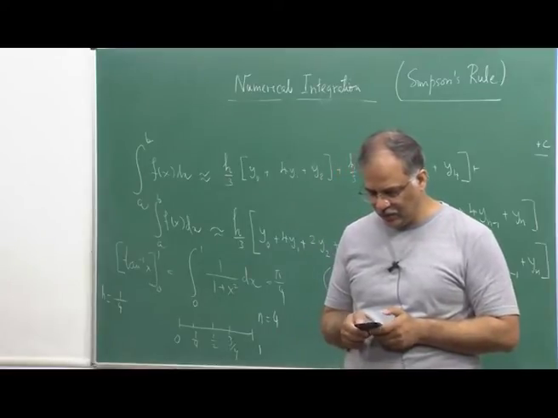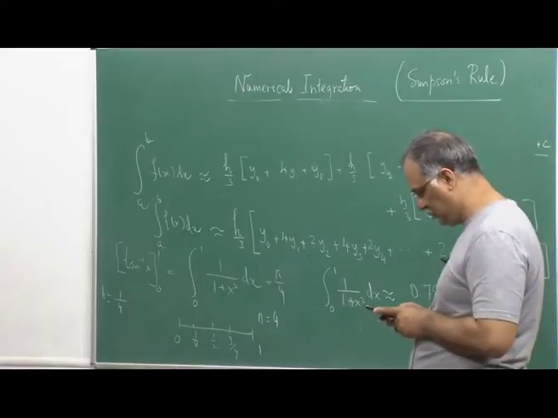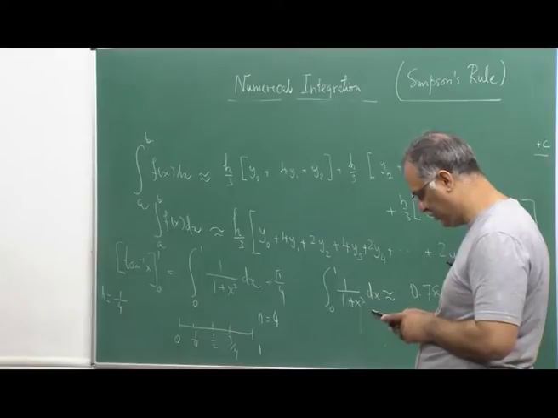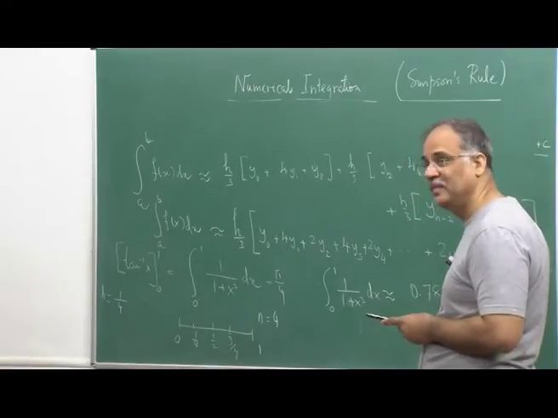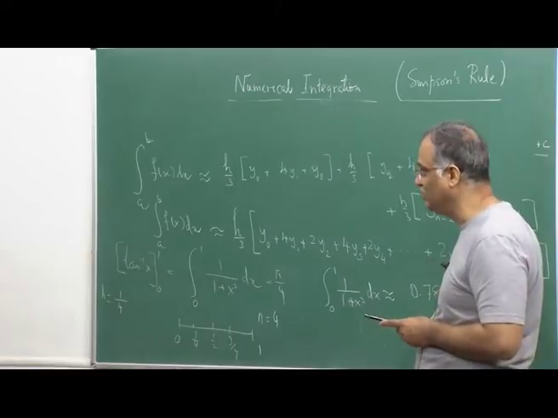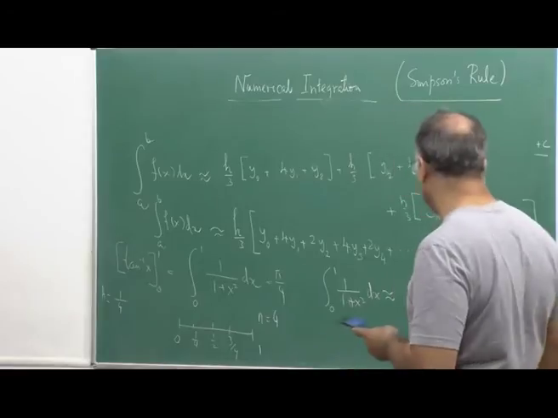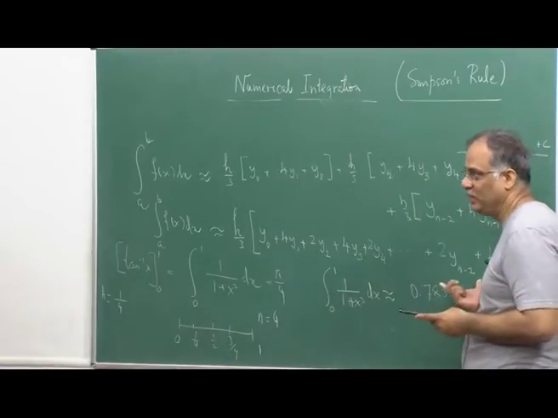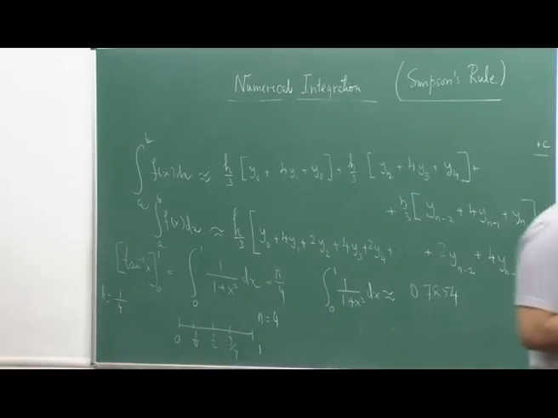So, here is the calculator. 3.14 divided by 4 comes out to be 0.785. So, it is an amazing match, you see. Roughly the match is quite amazing. So, you see Simpson's rule is doing a much better job for you. That is why Simpson's rule is important.